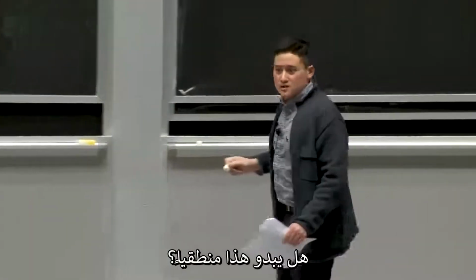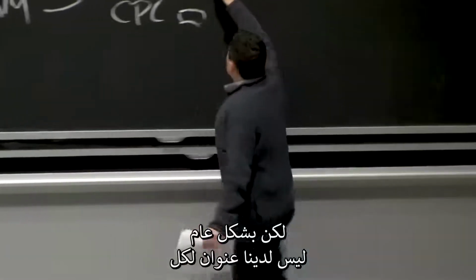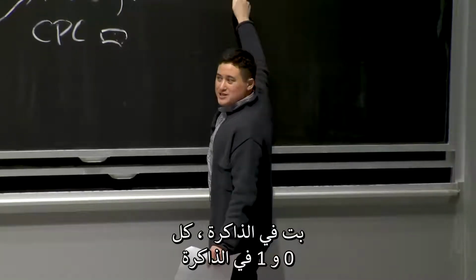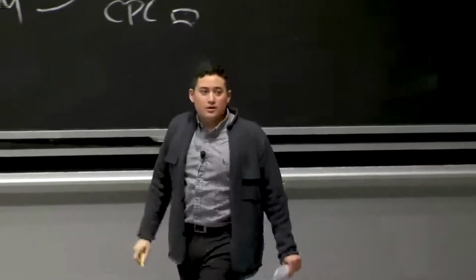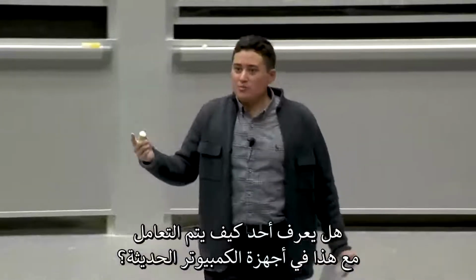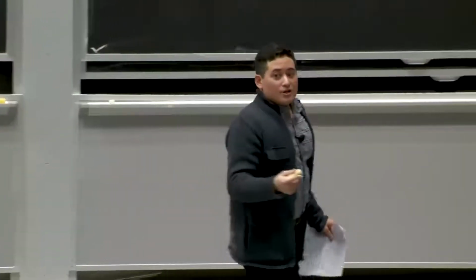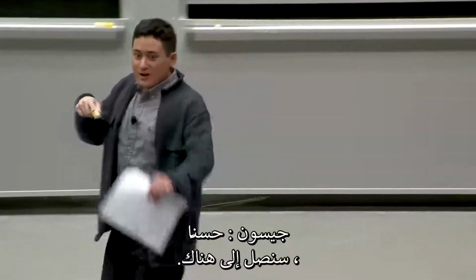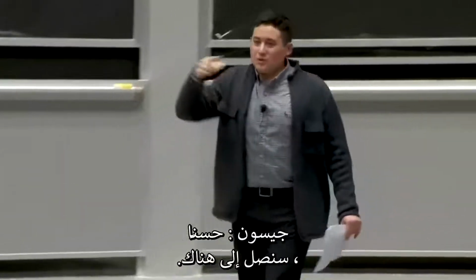Does that make sense? But in general, we don't have an address for every bit in memory, every 0 and 1 in memory. Does anyone know how modern computers are addressed? Okay, so we're going to get there.